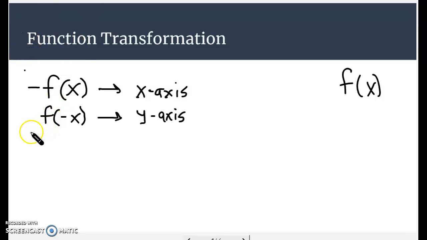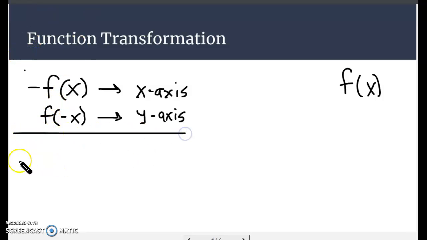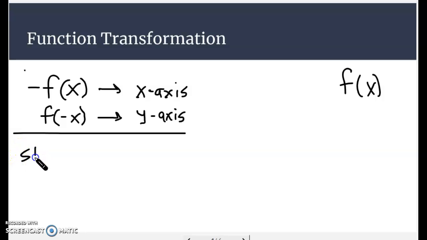All right, let's talk about shifting a function up or down. Okay, so we have function f of x, and say we want to shift it up. If we shift it up, the function will need to be added. We'll have to add a number on the end.